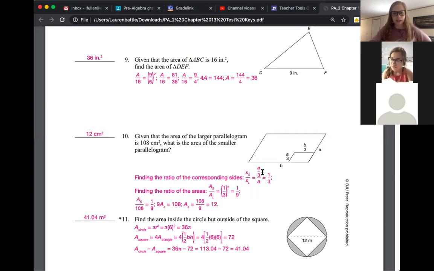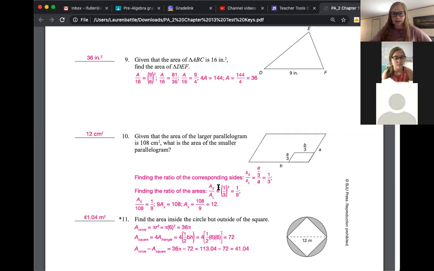That's A over 3 times 1 over A. A over 3 divided by A is the same as A over 3 times 1 over A, which would reduce to 1/3. So that's how they got the ratio of the corresponding sides. So my ratio of corresponding sides is 1 to 3, or 1/3.